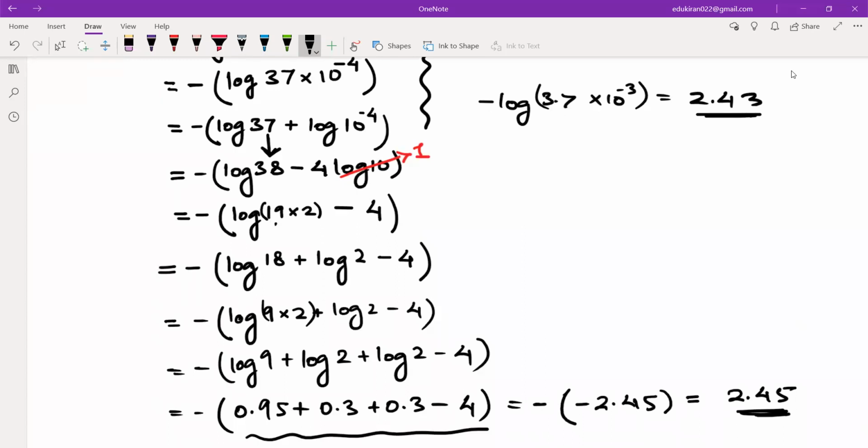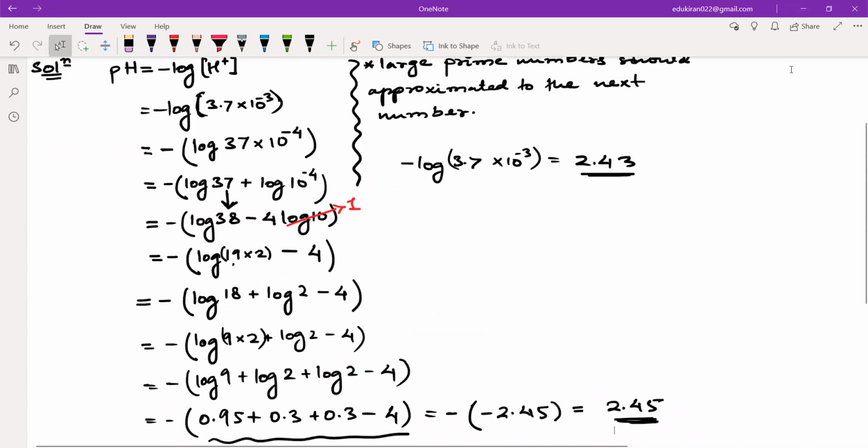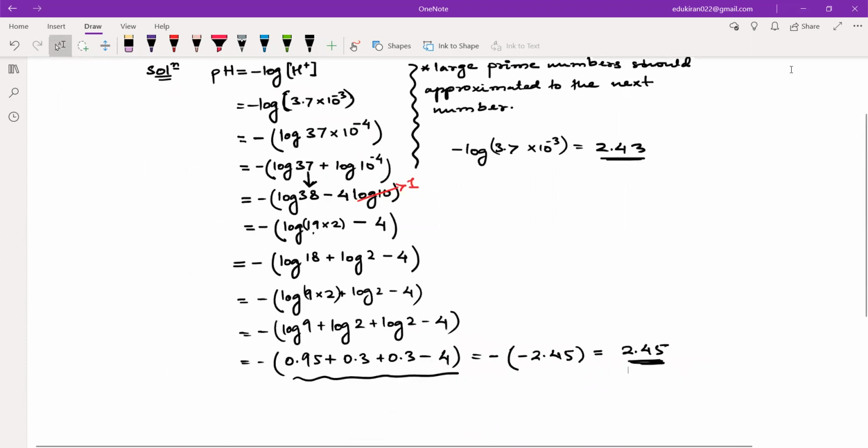But use this method: the first approximation should always be rounding up. So you guys write this down, and I hope it has cleared your doubt also, Mariam. Yes or no? Yes, sir.